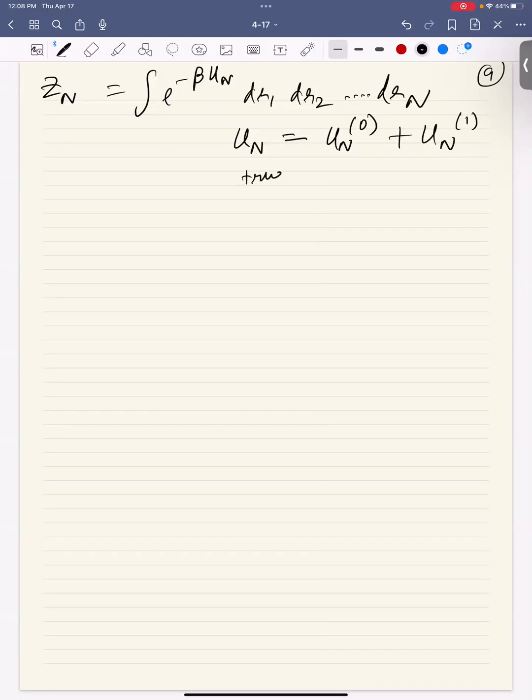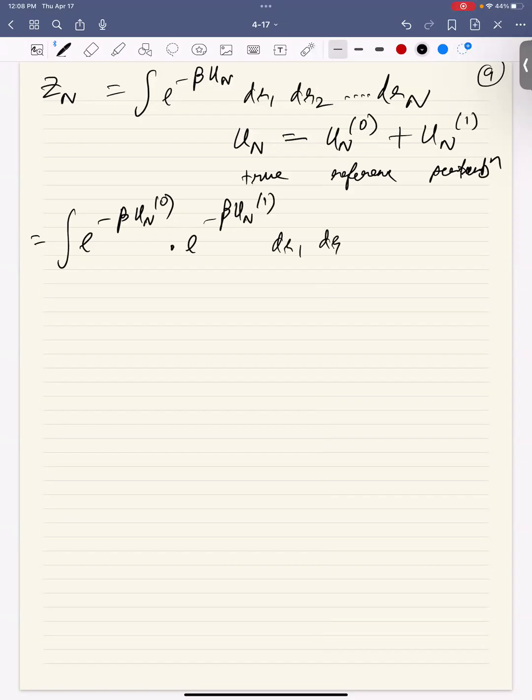So this is true, this is reference, and this is perturbation. So this integral can be written as the integral of e to the power minus beta Un0 multiplied by e to the power minus beta Un1 multiplied by dr1, dr2, drn.